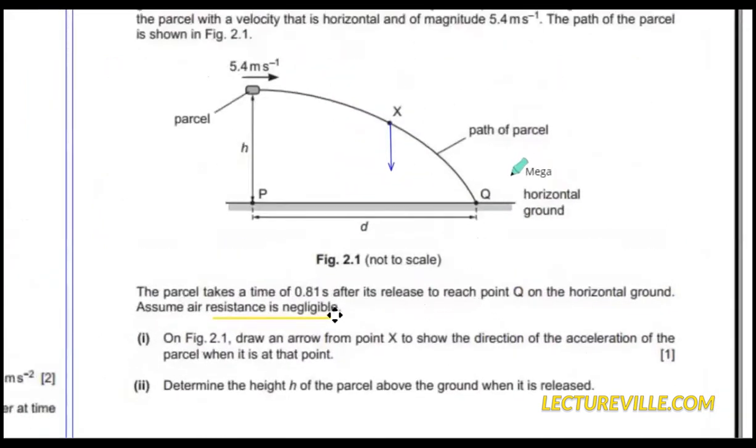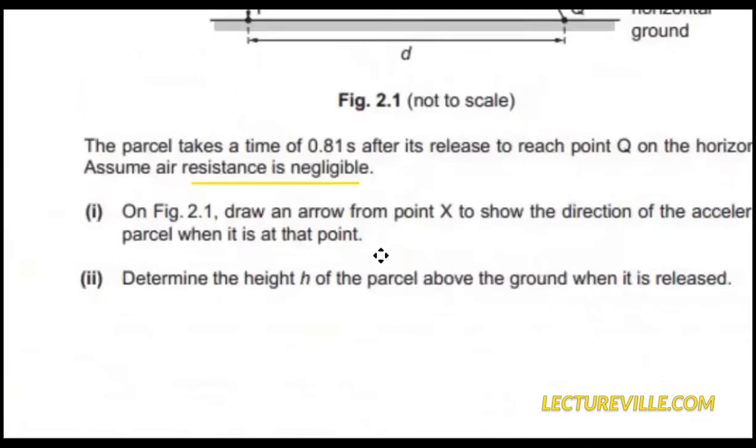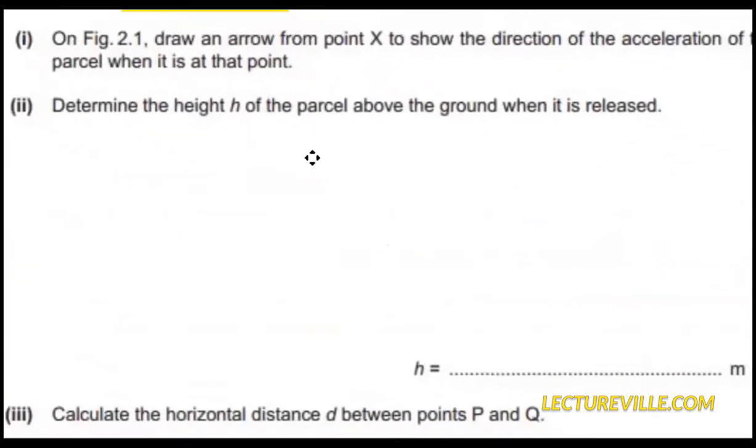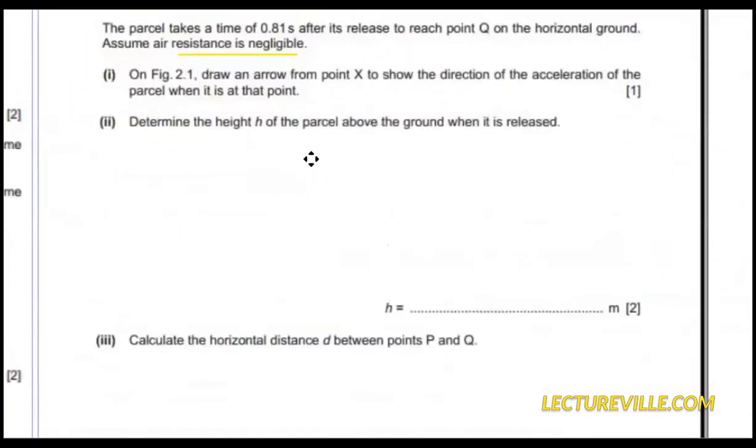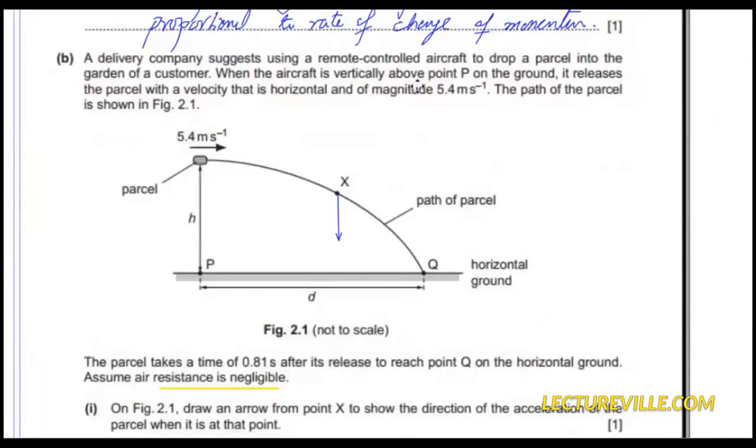For that, we only need this piece of information that it took 0.81 second to land on the ground. So here's the data. We know that the time taken is 0.81 seconds. Initial velocity is 0. You might say, no, it is 5.4 meters per second as said by the examiner.